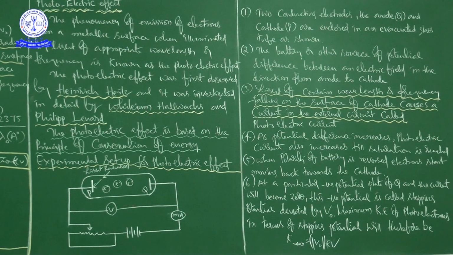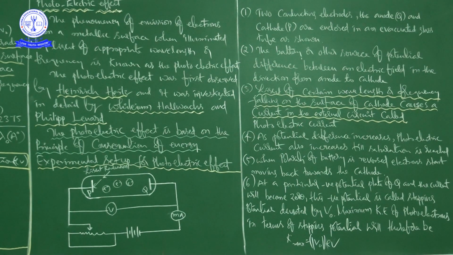We connected a voltmeter to measure the potential difference between cathode and anode. We connected a milliammeter, basically an ammeter, to know the photoelectric current or photocurrent.